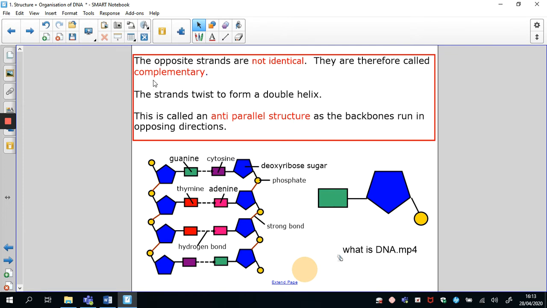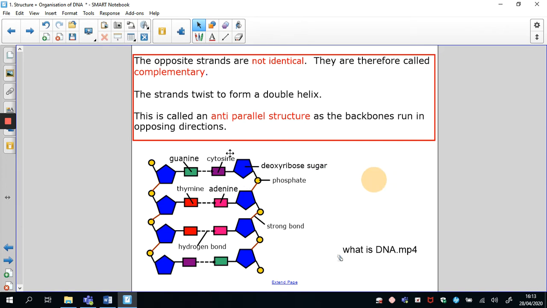We describe it as being complementary. Now notice it's complementary with an E, not complementary with an I. It's not paying a compliment like, oh, you look nice in that outfit. Complementary as in it sort of matches. So I'm just going to get rid of that thing that I've just done.